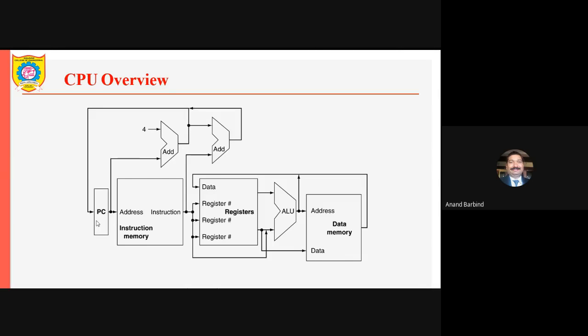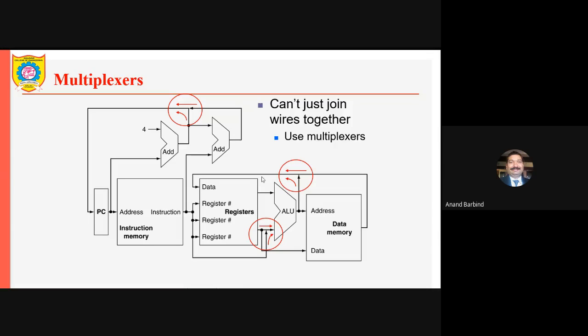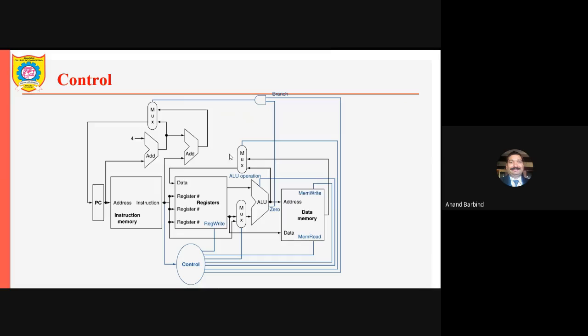Then in the last class we saw the use of the multiplexers. There is a control unit inside this processor, and the purpose of the control unit is to generate the control signals.